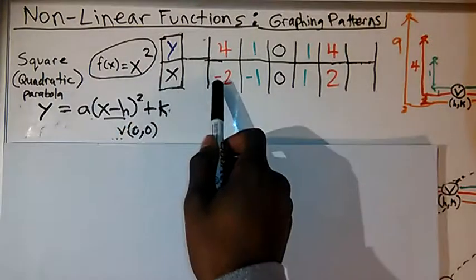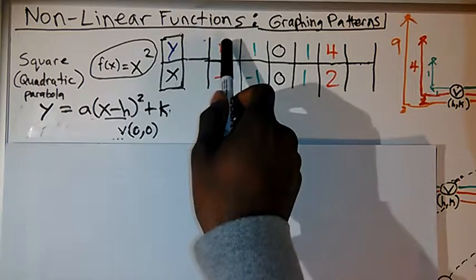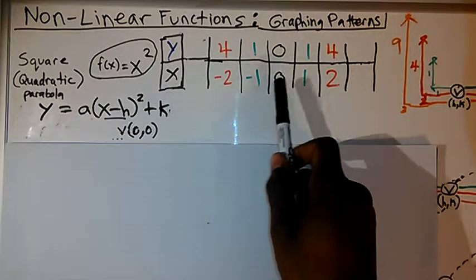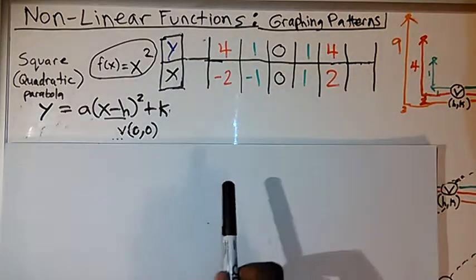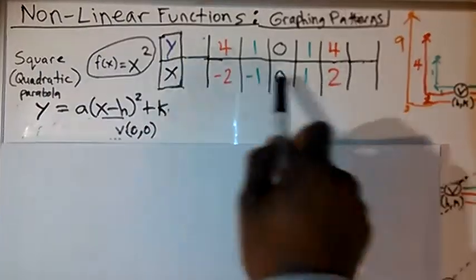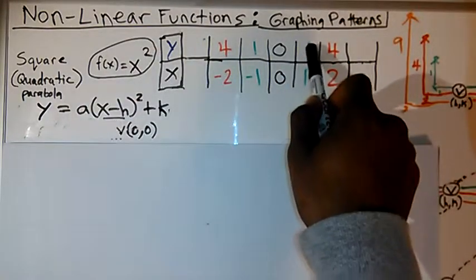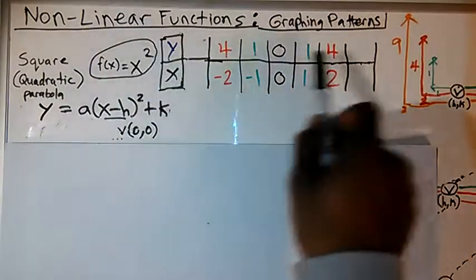When x is negative 2, negative 2 squared is positive 4. When x is negative 1, y is positive 1. When x is 1, 1 squared is positive 1. When x is positive 2, 2 squared is 4.